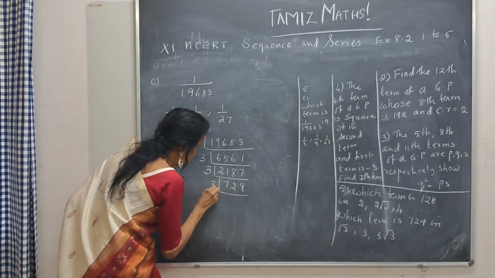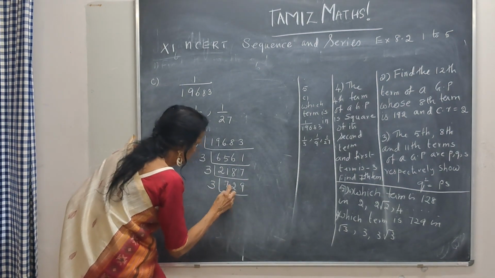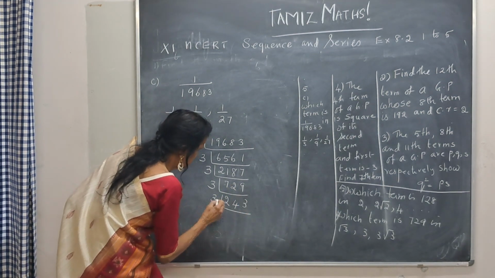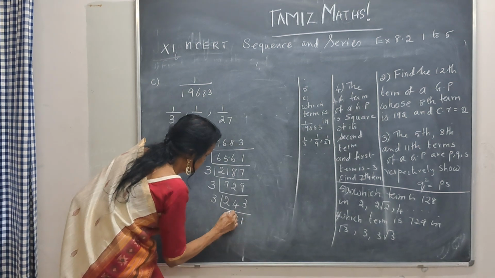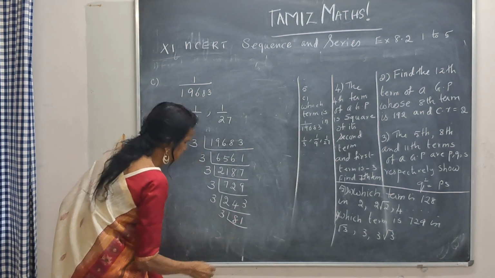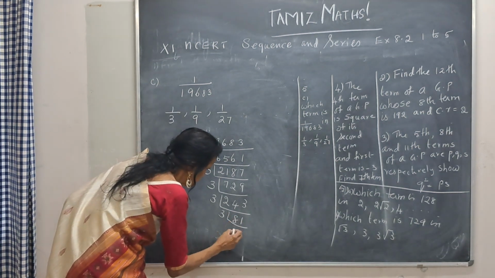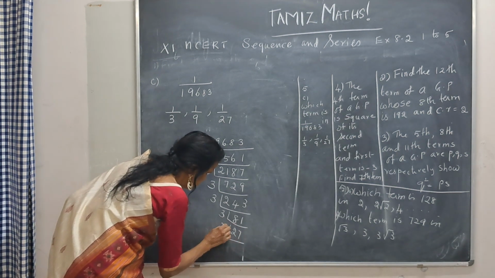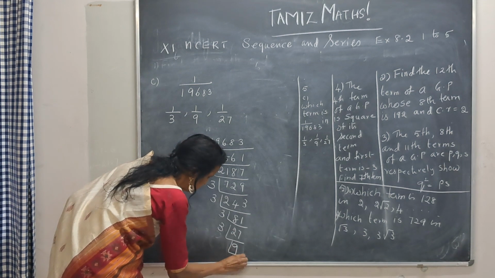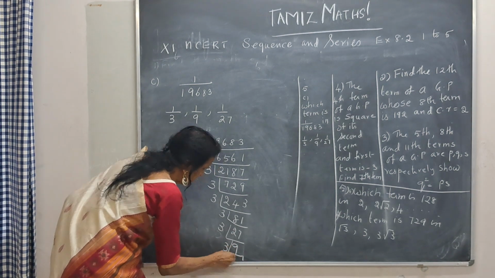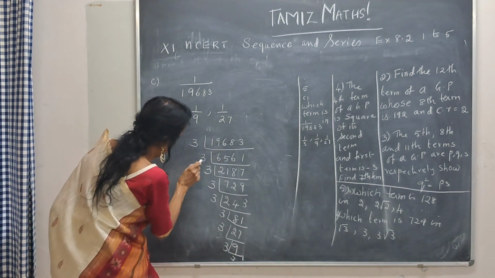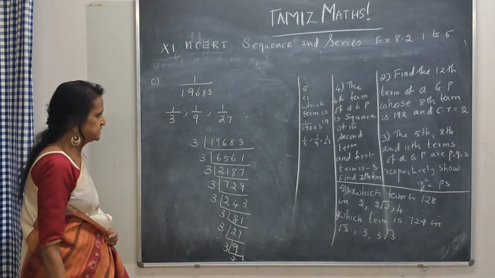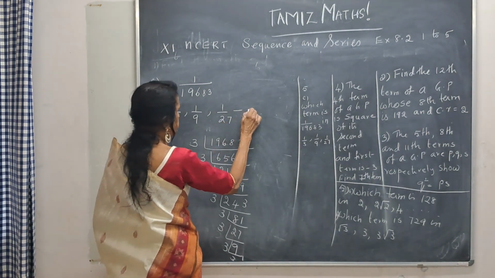Divide by 3 again, 243. Divide by 3 again, 81. Divide by 3 again, 27. Divide by 3 again, 9. Divide by 3 again, 3. How many 3's you have? 1, 2, 3, 4, 5, 6, 7, 8, 9. You have 9 3's. So it will go like that.